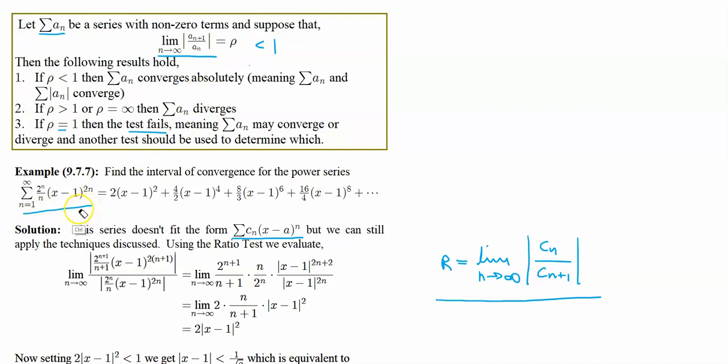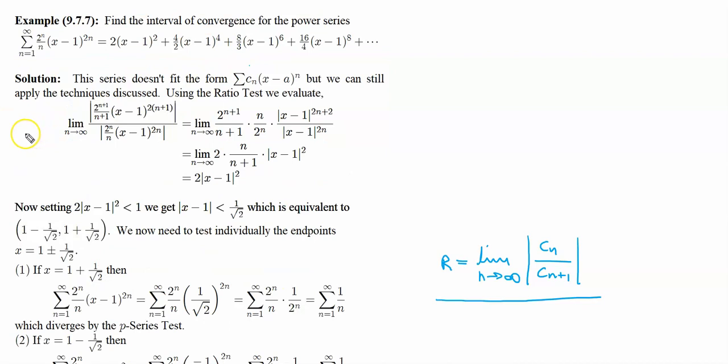Okay, so that's exactly what we're doing right here. Let's just scroll down a little bit. So right here in this line, we are evaluating the limit where the a_n are everything that I have blocked off right here.